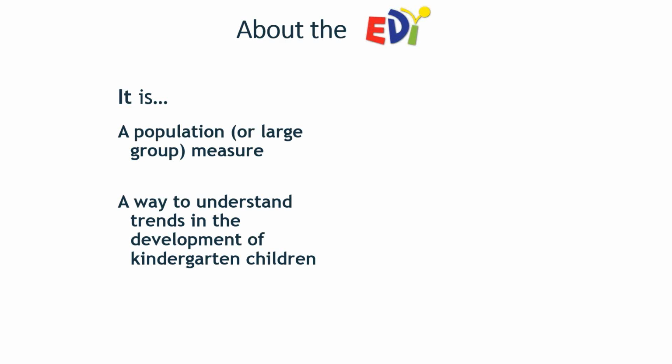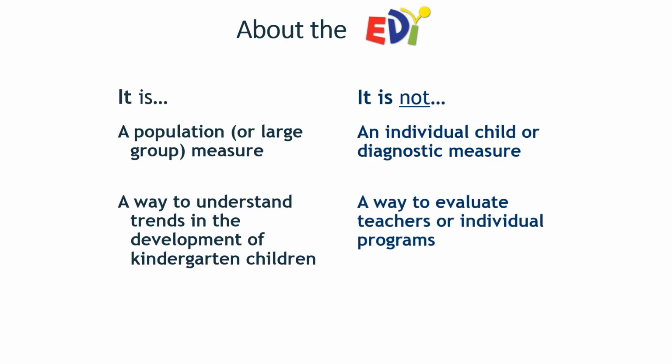It's designed to be a population or a large group measure, so we analyze and report on the results at the level of the school district, at the level of the neighborhood. And it really is a way to help us understand trends in the development of kindergarten children. Importantly, as I've mentioned, it is not an individual child or diagnostic measure, nor is it a way to evaluate teachers or kindergarten.